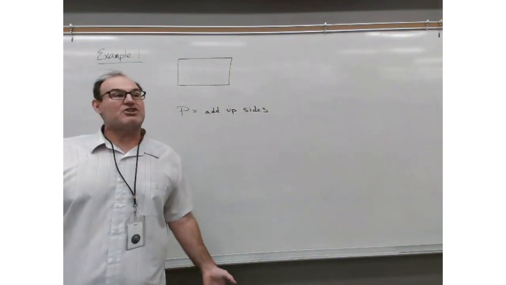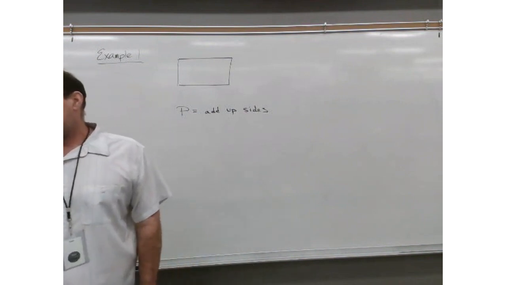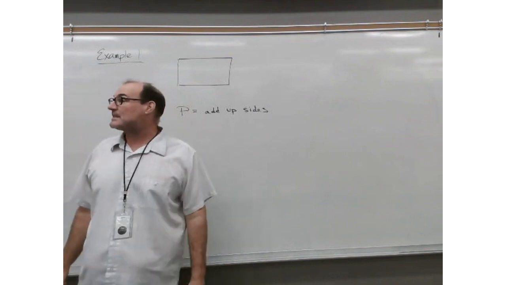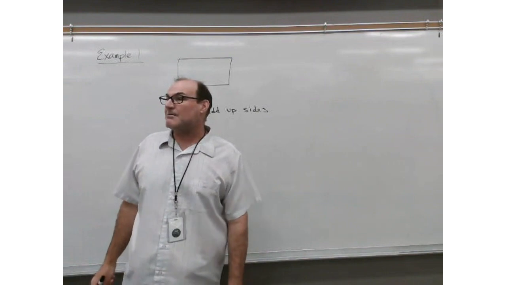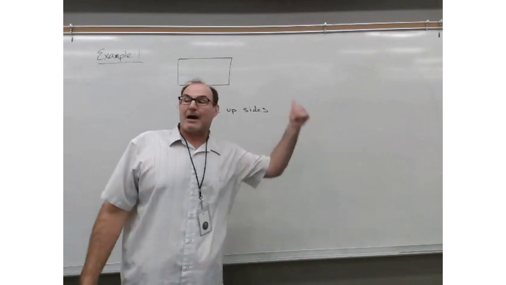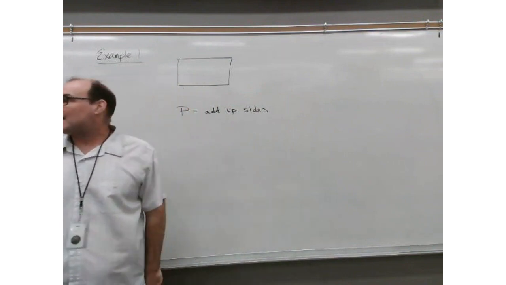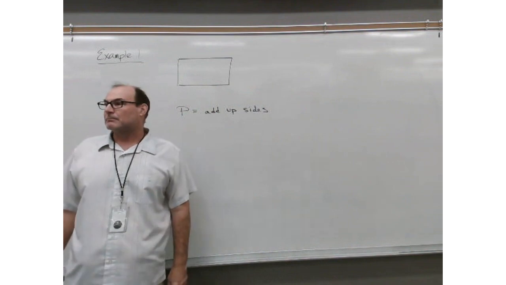We are given a relationship between the sides as part of the problem. It says the length is 8 more than the width. So that tells me that once I know the width, the length is going to be 8 feet more. So help me out as I've got my picture and I want to make sure I know what my variables represent. If I define a variable x, what is x going to be?